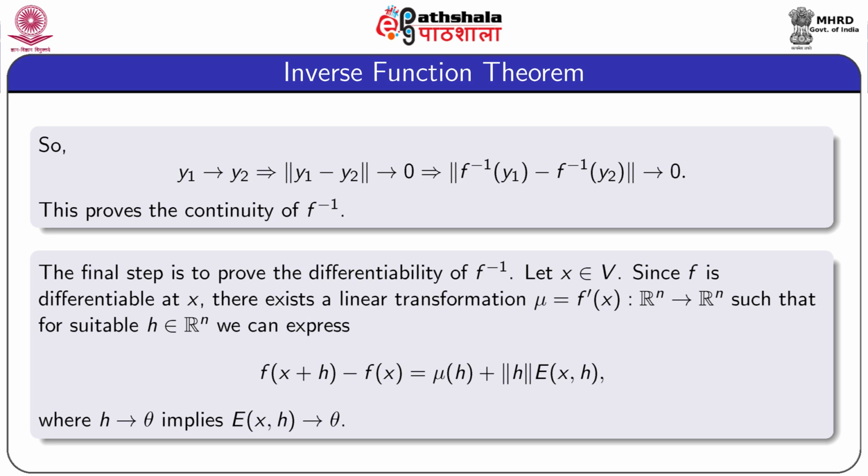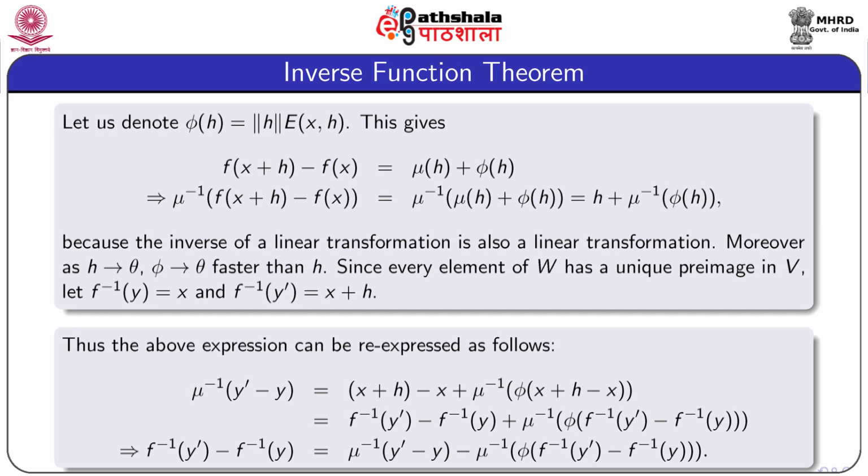One can easily recall here mu is a linear transformation and ε(x,h) is called the error term. Let us denote phi h equal to norm h times ε(x,h). This gives f(x plus h) minus f(x) equal to mu h plus phi h. So, we can write mu inverse of f(x plus h) minus f(x) equals mu inverse of mu h plus phi h.